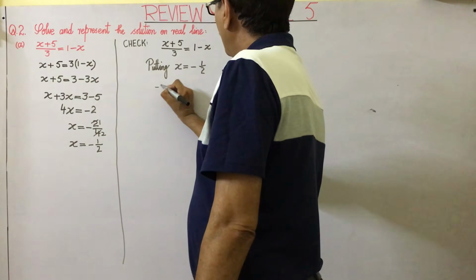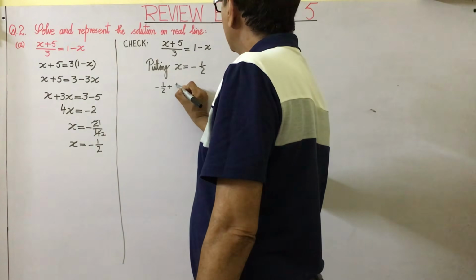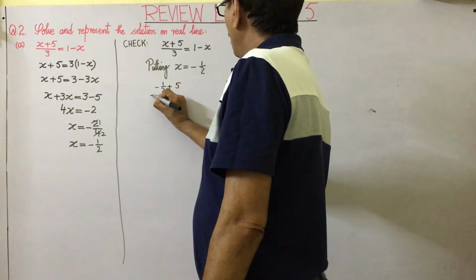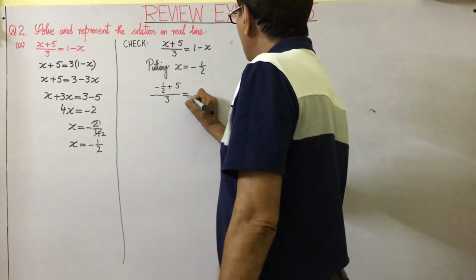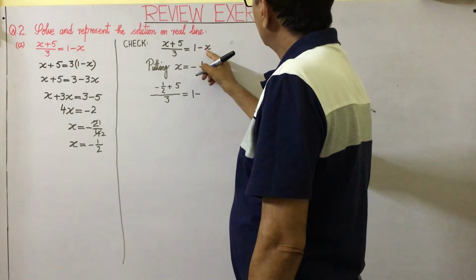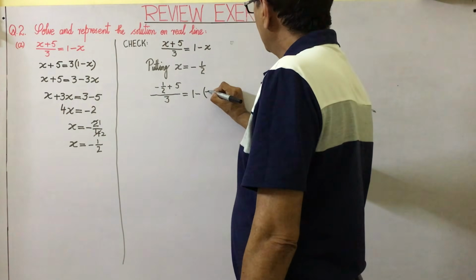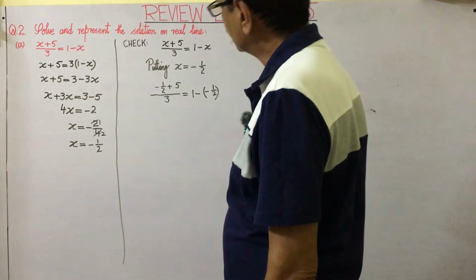Minus 1 by 2 plus 5, over 3, is equal to 1 minus x, with x replaced by minus 1 by 2.